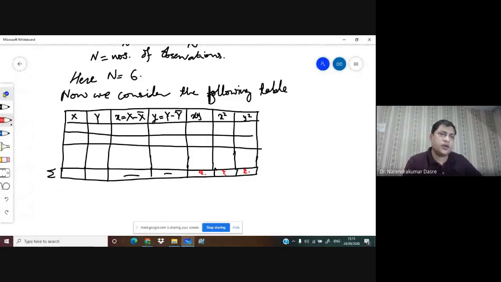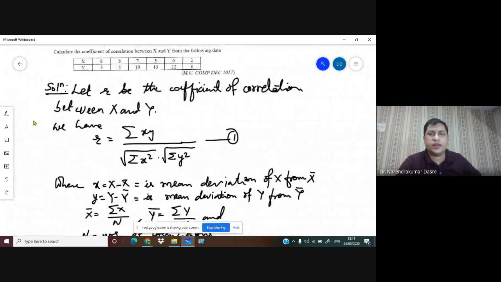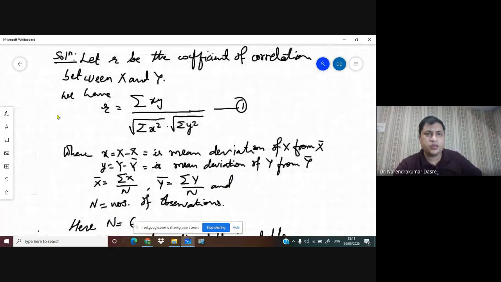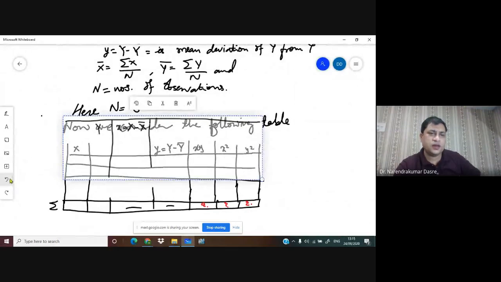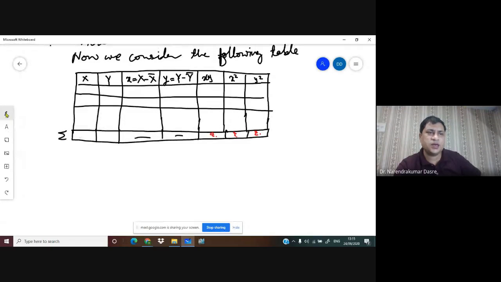So here we have to write all this data. So prepare the table. We have the given data here, so please prepare the table and tell me what value you are getting. What is the value of summation x and summation y?